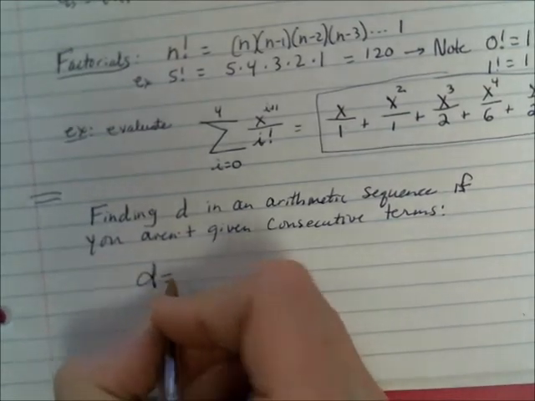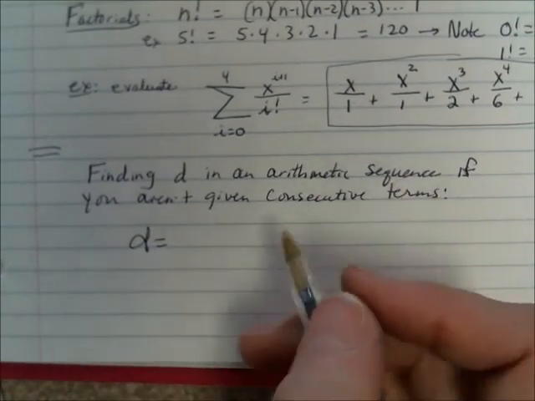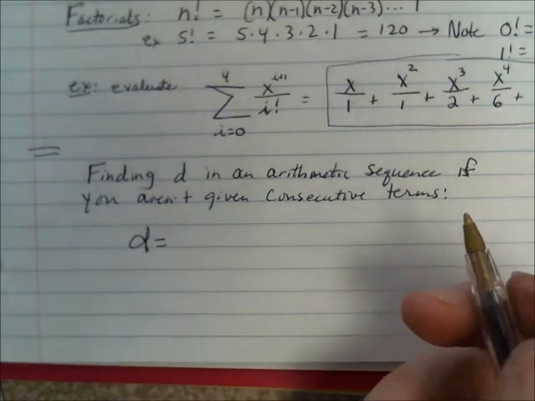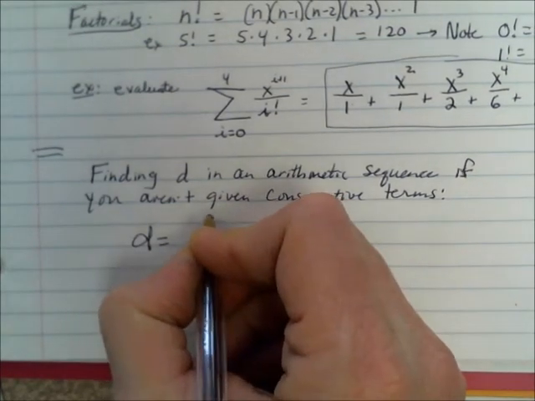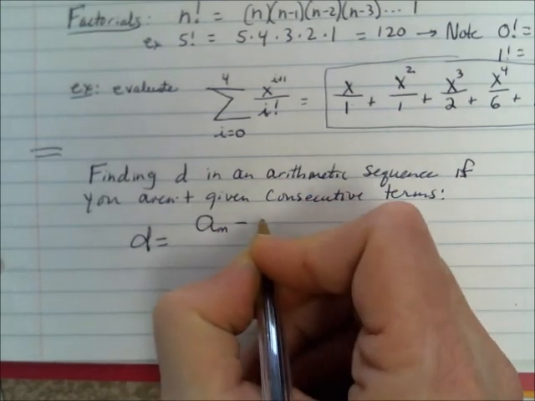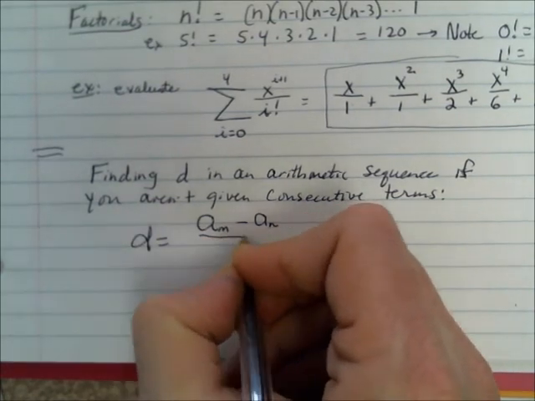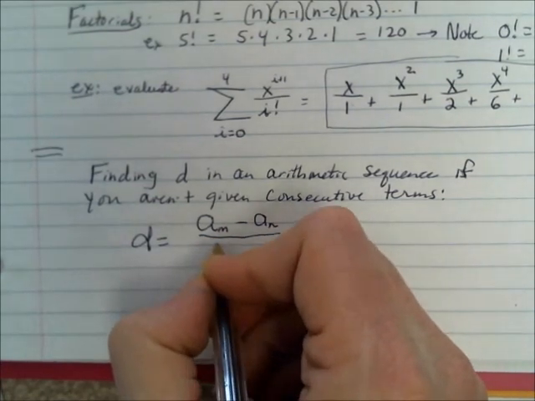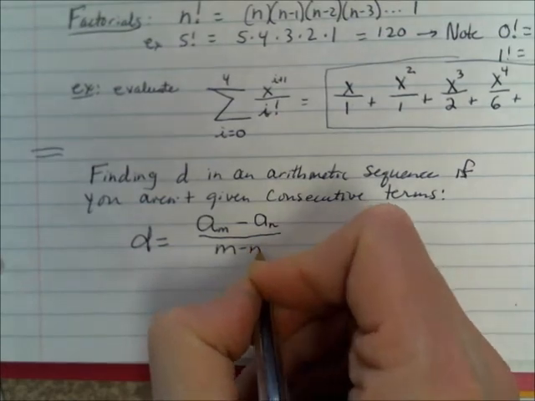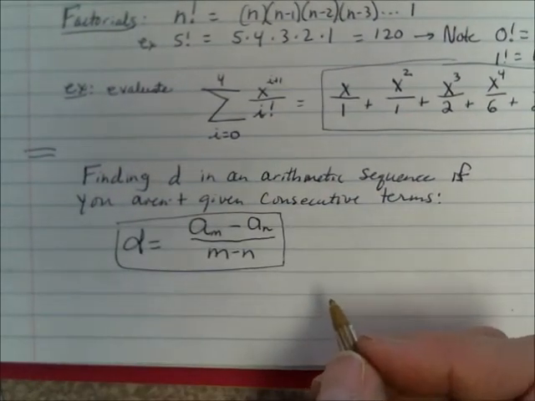So that d value is equal to, you can't just subtract the 2 terms, because maybe you're given the 3rd and the 6th term. So what you have to do is subtract the later term minus the earlier term, like the 6th minus the 3rd, and divide it by the difference of the term numbers, m minus n. So that's a helpful formula.